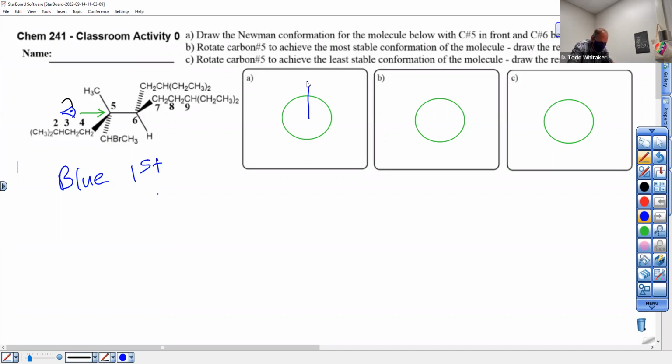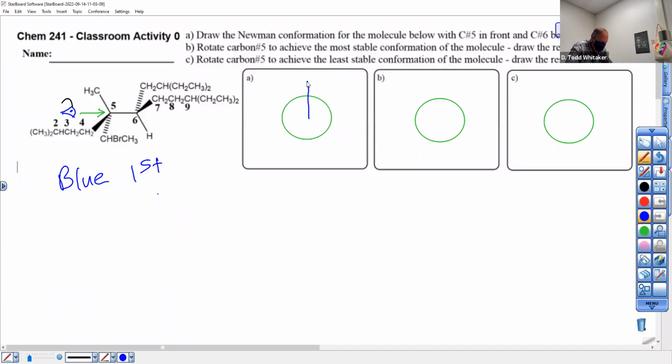And then I'm going to go to carbon 6 because there's a bond off carbon 6 that's not a wedge and not a dash either. 6 is the invisible carbon in this question because 5 is right in front of your face. You don't see 6. If you were an astronomer, you'd use the word eclipsing, wouldn't you? We'll talk about eclipsing more later.